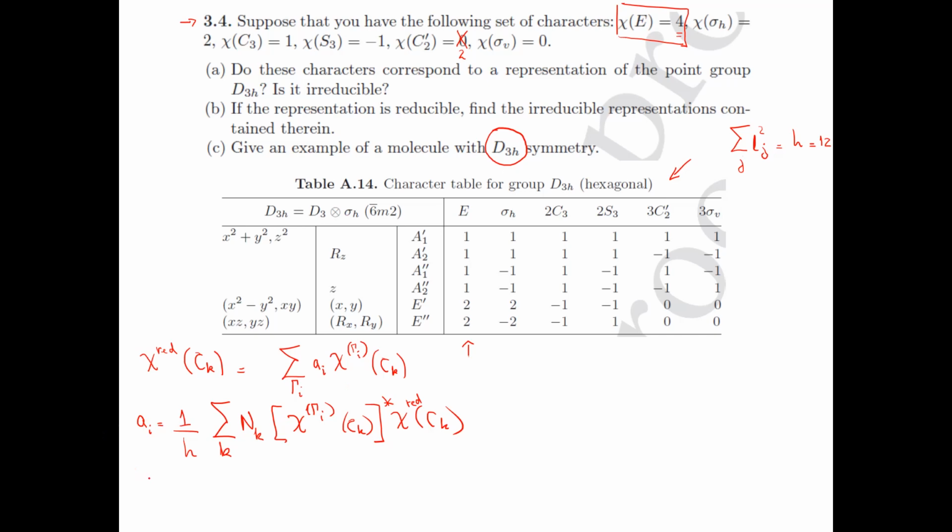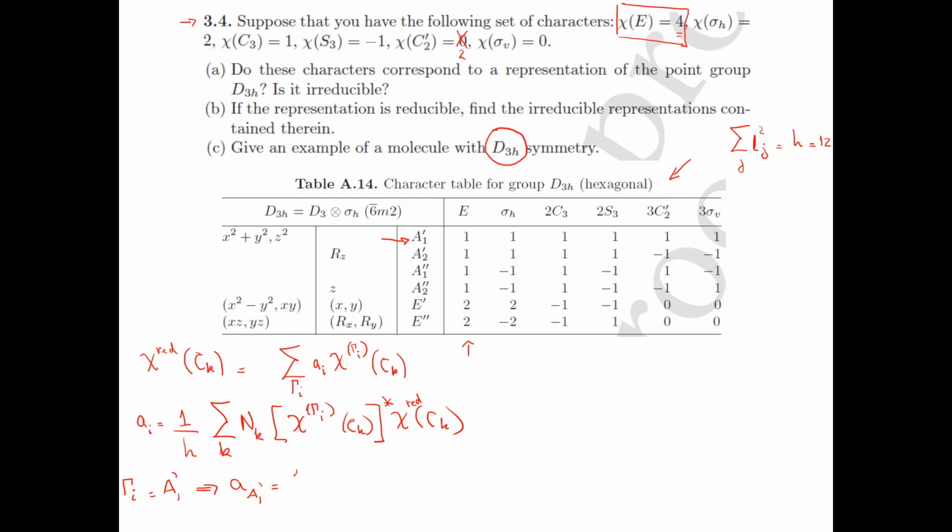Let me do one case first. Let's take, for instance, gamma_i equal to the identity representation A1 prime, which is this representation here. So if I choose this, then what is the coefficient a for the A1 prime representation?